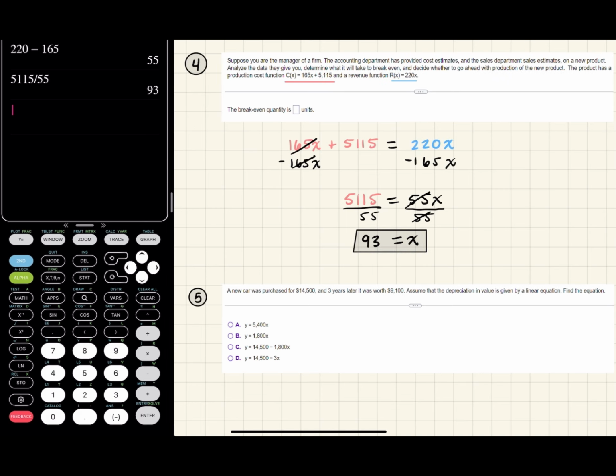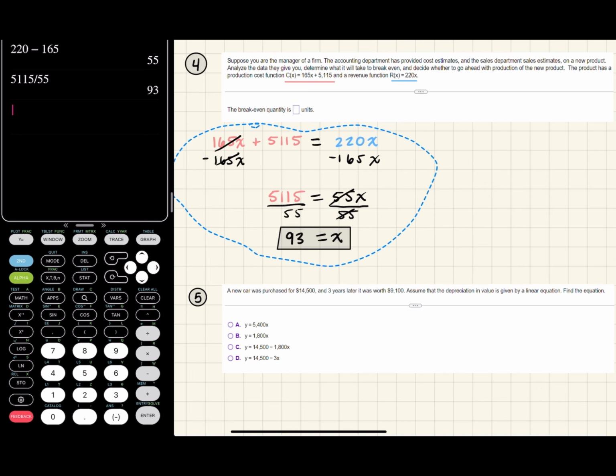Okay, so now, as a follow-up to this question, they may ask you, so again, we've determined that in order to break even, to make just enough money to cover our costs, we need to be able to make 93 units.